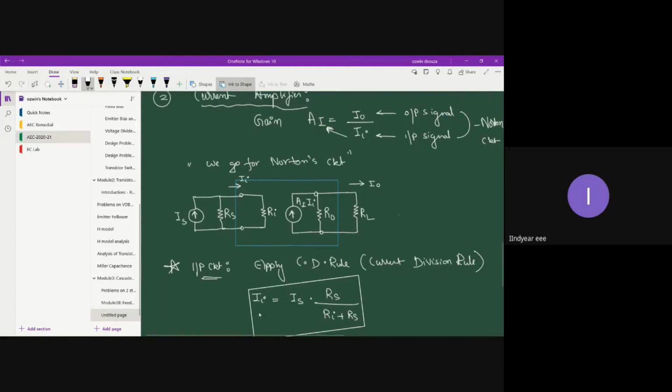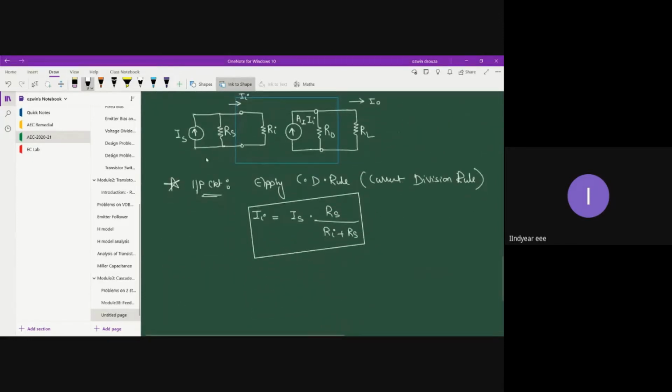Okay, all right. Now we can apply the approximation. In the approximation, what if your input resistance were very small in comparison with RS? In other words, what if your source resistance were very large in comparison with the input resistance Ri? Because for an ideal current source, the shunt resistance should be infinite, right?